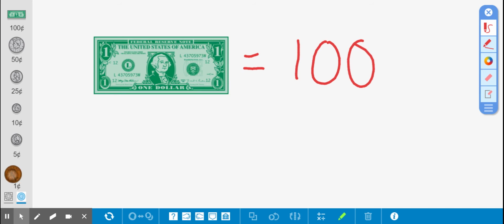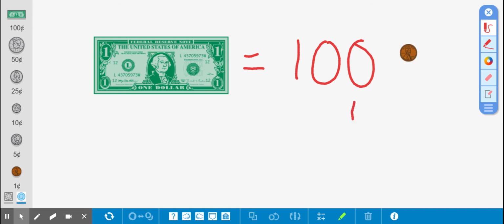So 100 of these, okay? Which means that a penny is worth 1/100th of a dollar. It is 1/100th of a dollar.